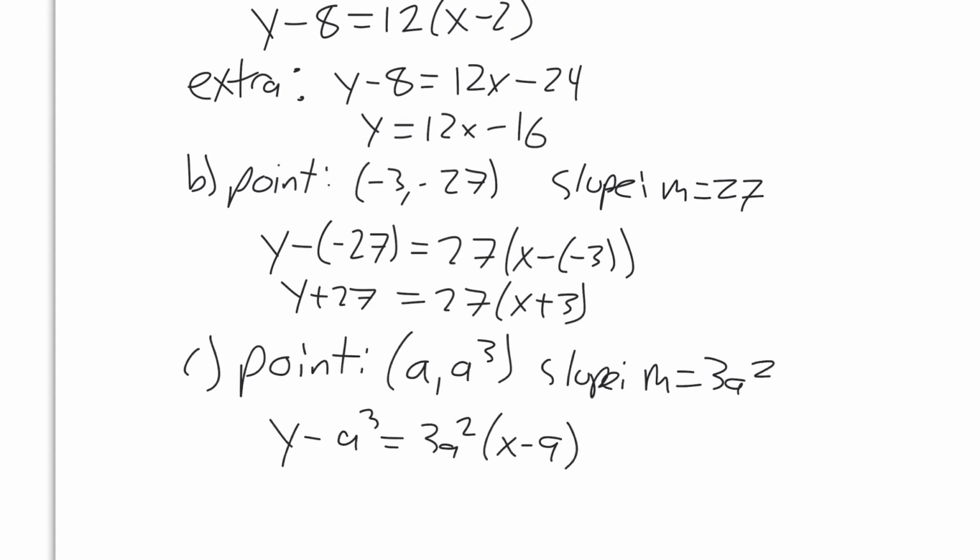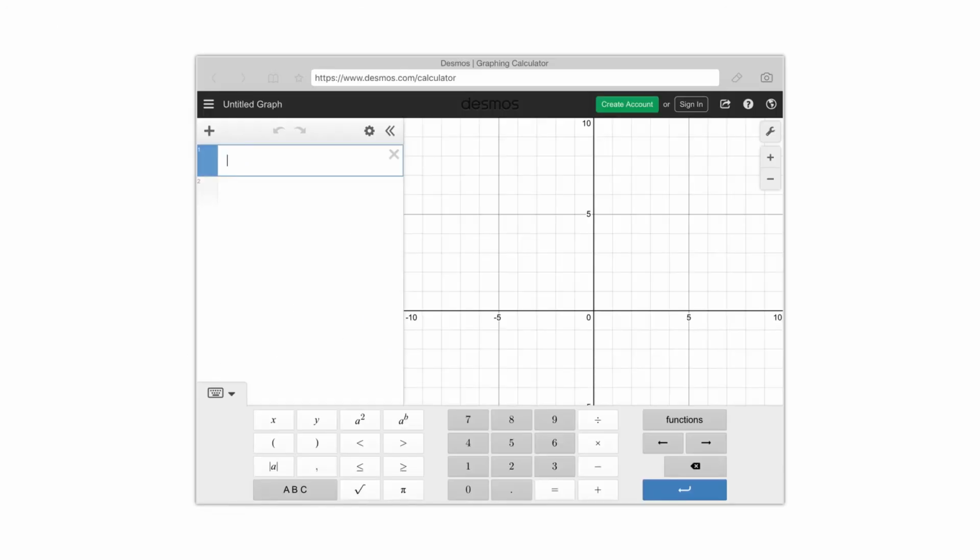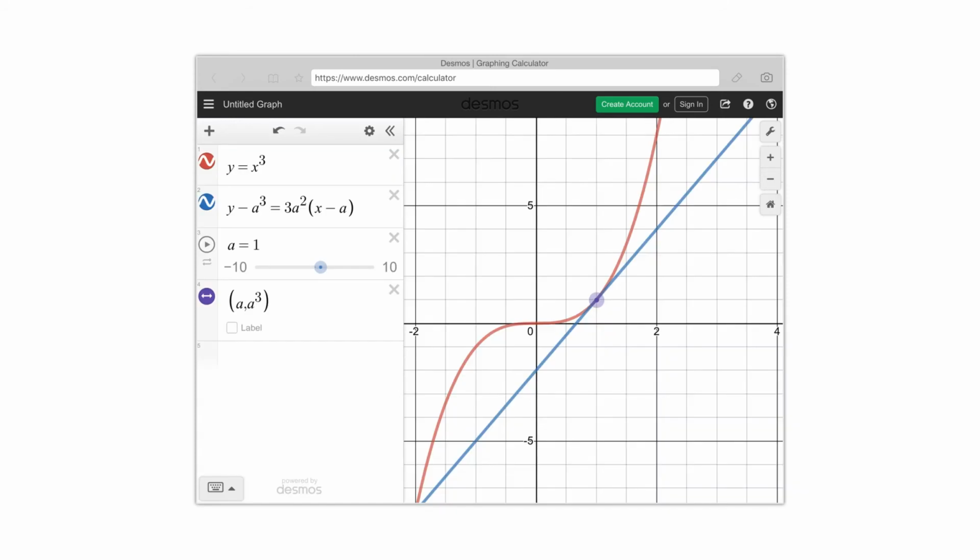Now let's take a look at this one on Desmos. So the remarkable thing about this formula is because it's in general, Desmos knows that a could be any number you want. And so you can actually take that tangent line and slide it all along the graph. And at any point, it's going to be perfectly tangent. You're going to have a beautiful tangent line that you could actually animate.